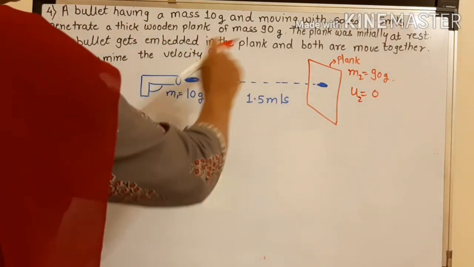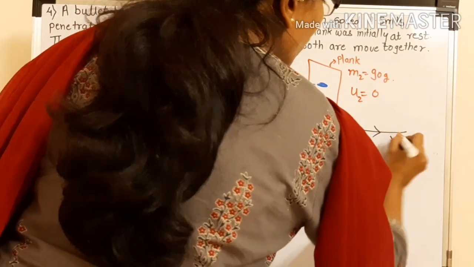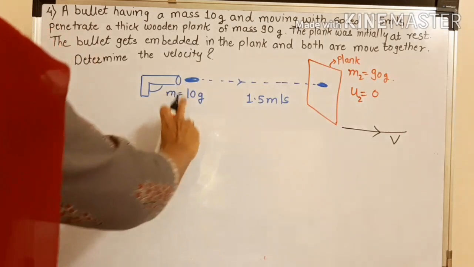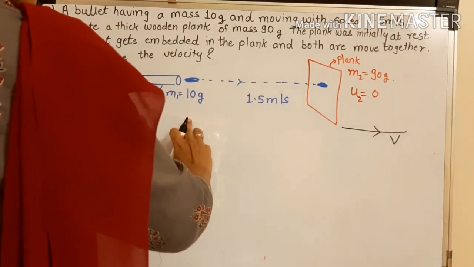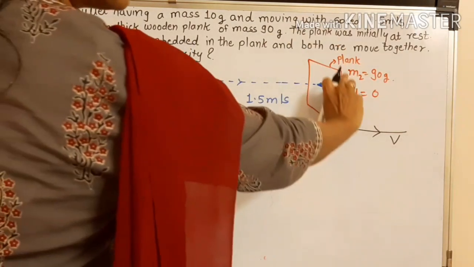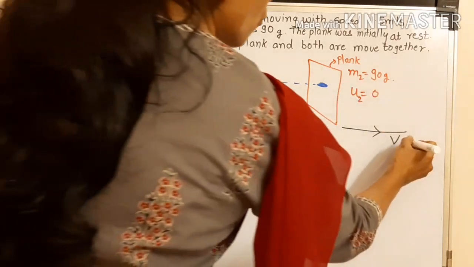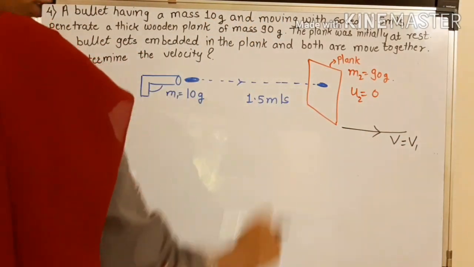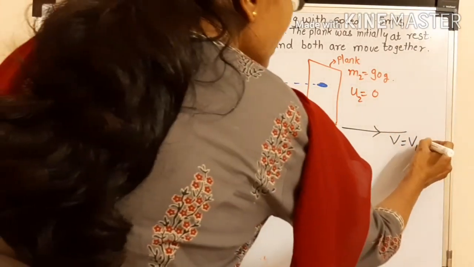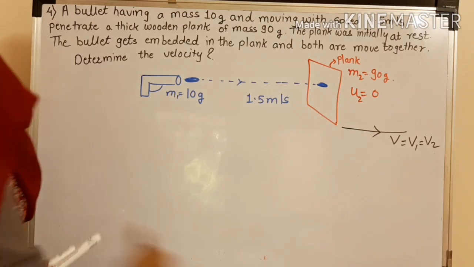Now when the bullet and plank are moving with the same velocity, the final velocity of the bullet is the same as the final velocity of the plank. So V is equal to the final velocity of the bullet, which is V1, and the same as the final velocity of the plank, which is V2.